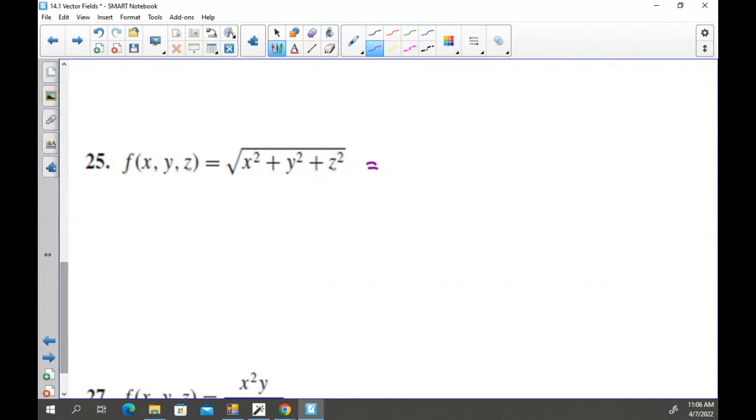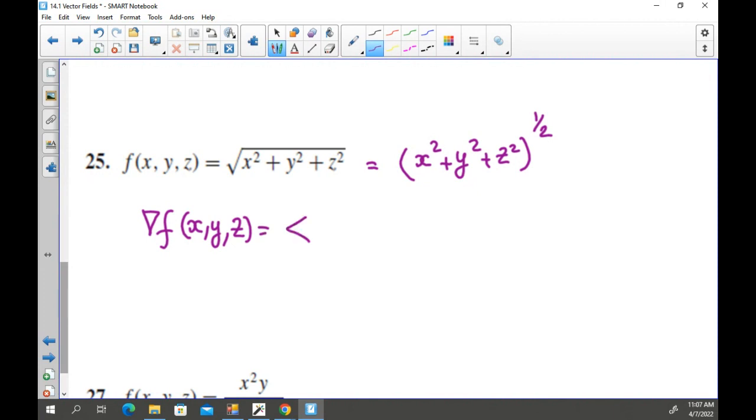Same thing. Let me just do this one. To differentiate this, it's probably better to think of this as the power half. So you want the gradient of this function. Its derivative with respect to x: we need to bring the half, and then all of this to the power of minus half, and then multiply by the derivative of this, which is 2x.